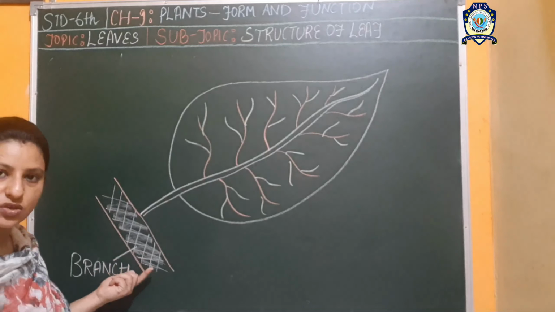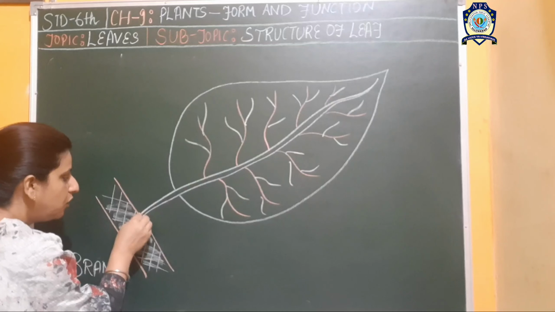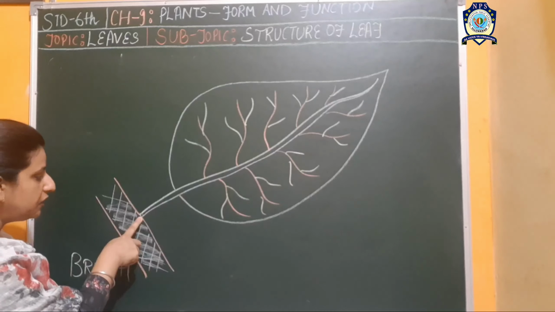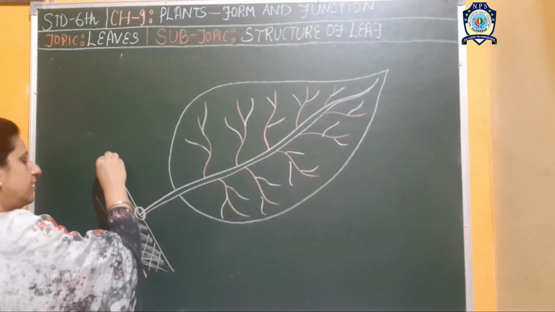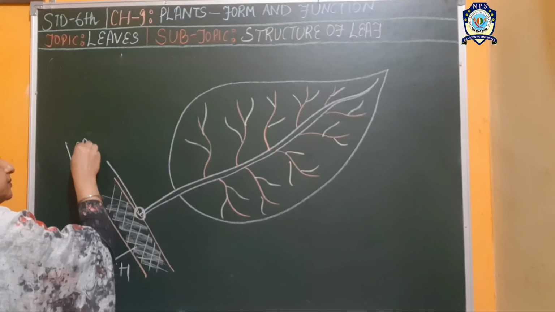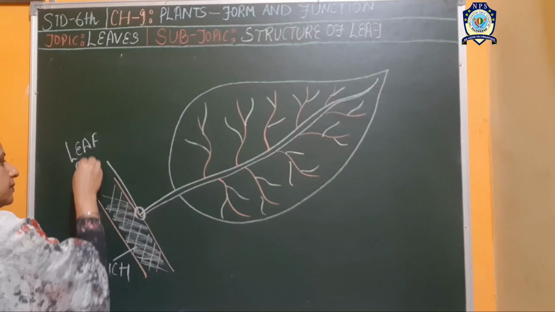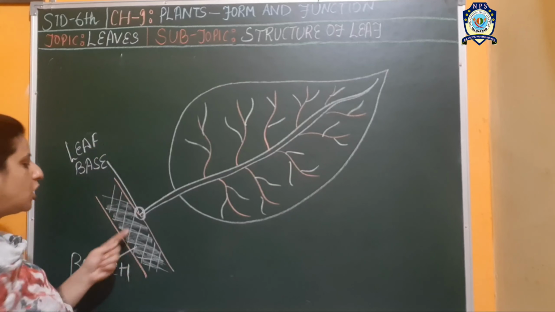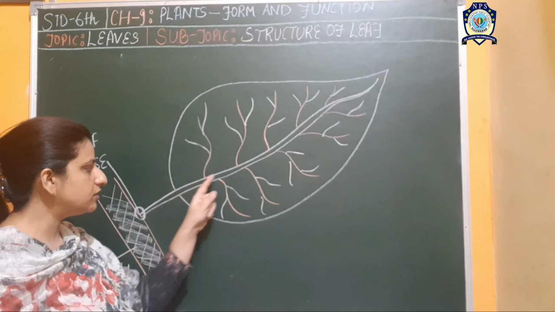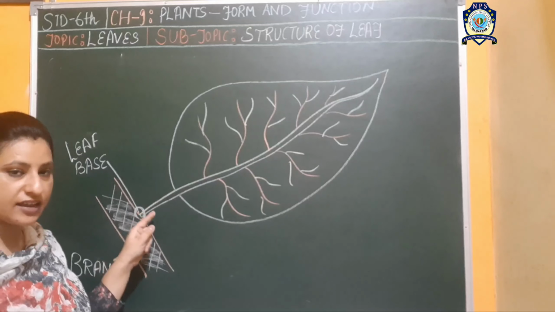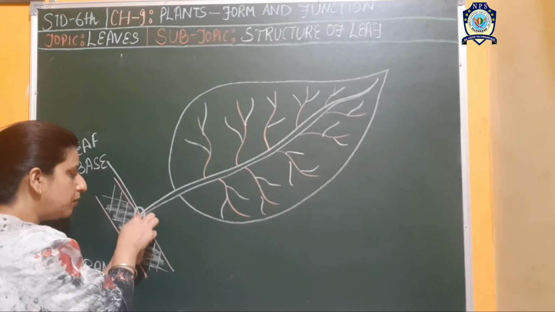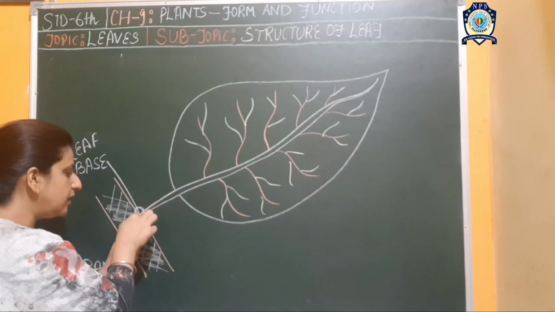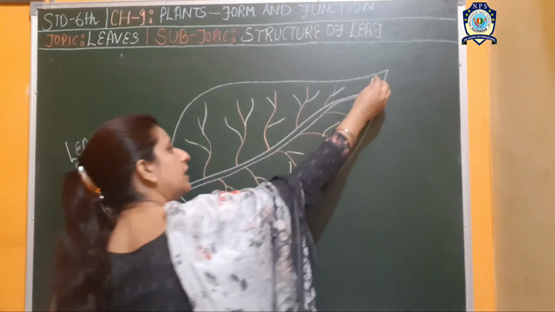leaf is attached. Okay, so the point at which the leaf is attached to the branch, this point is called as leaf base. Now from the leaf base a long tube-like structure arises, and this tube-like structure will continue from the leaf base and end up into the tip of the leaf.